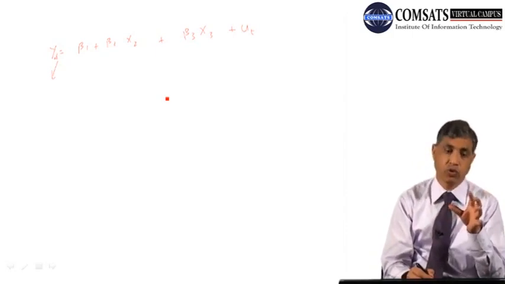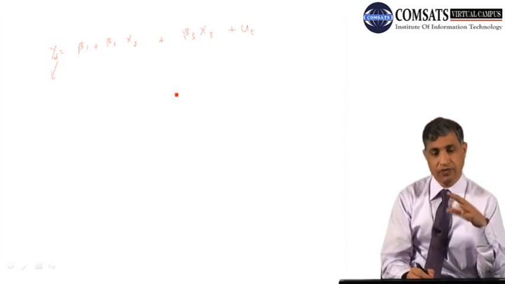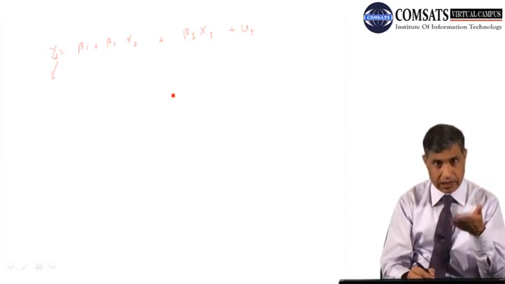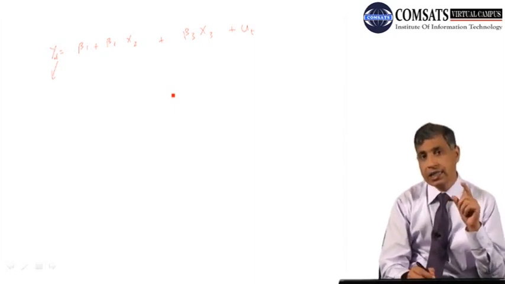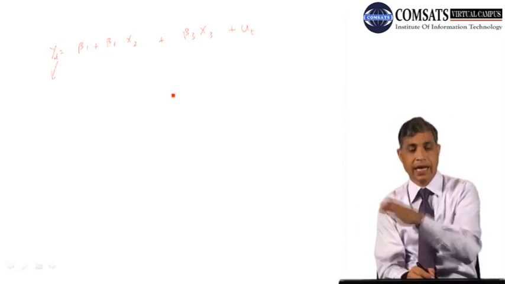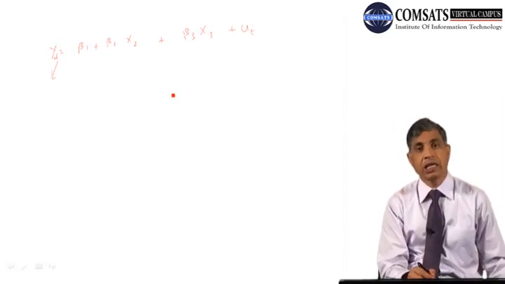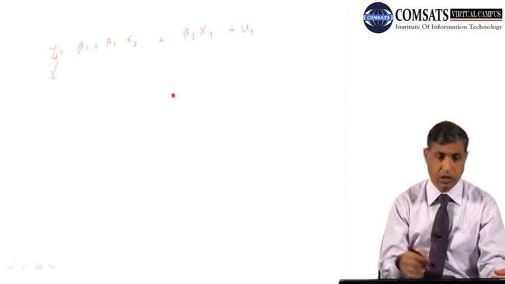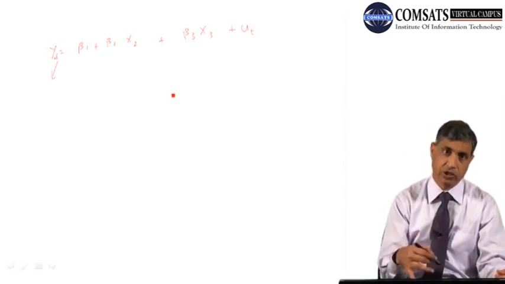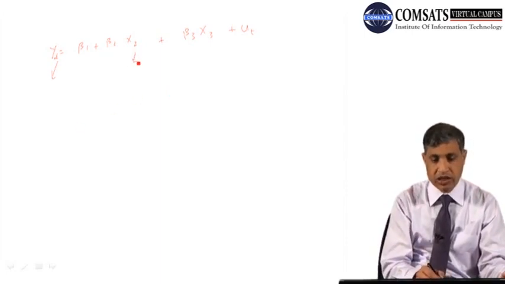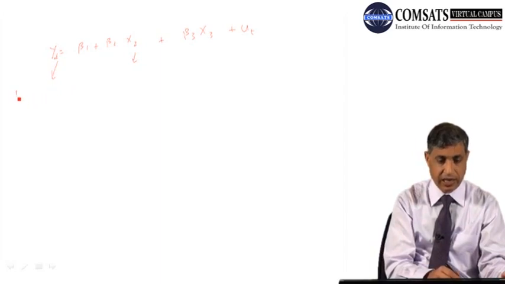I is the indicator for the cross-sectional unit: one unit, two units, and three. And T is the indicator of time, starting from 1 year up to the end of your data.